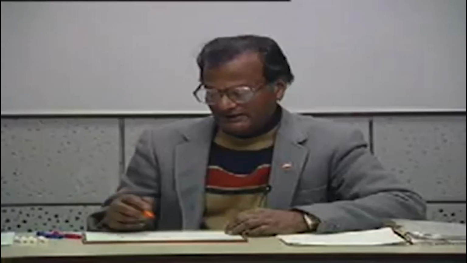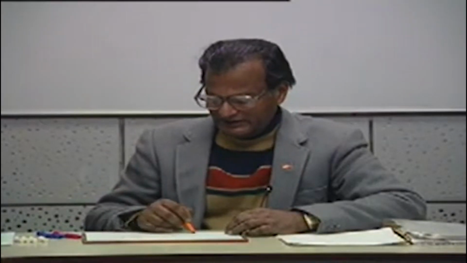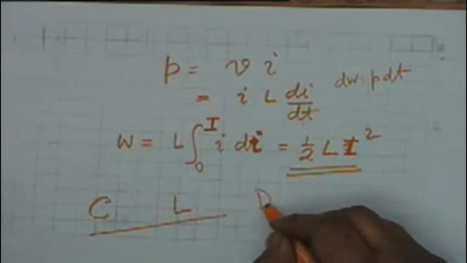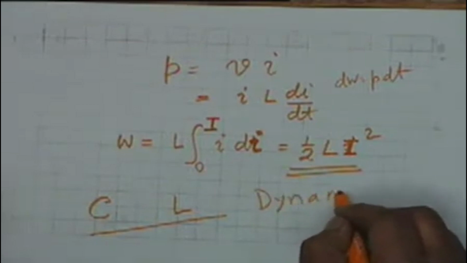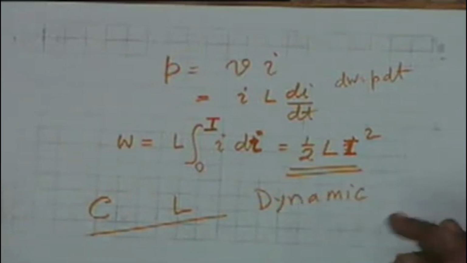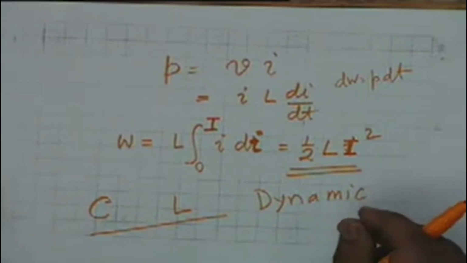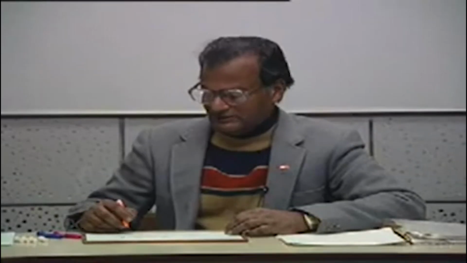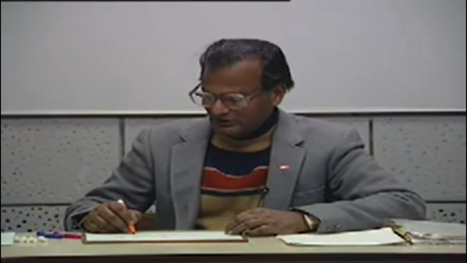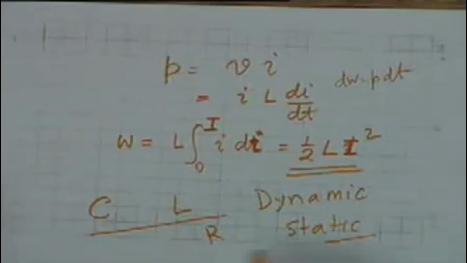In that sense a capacitor and an inductor are both energy storage elements, and they are called dynamic elements, whereas a resistance, which does not store energy but only dissipates energy, is called a static element.